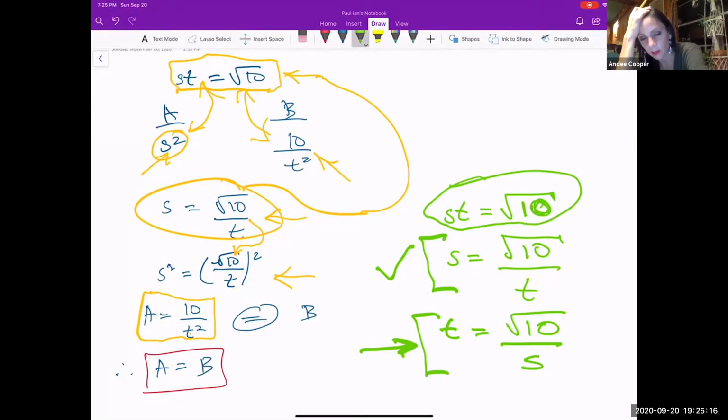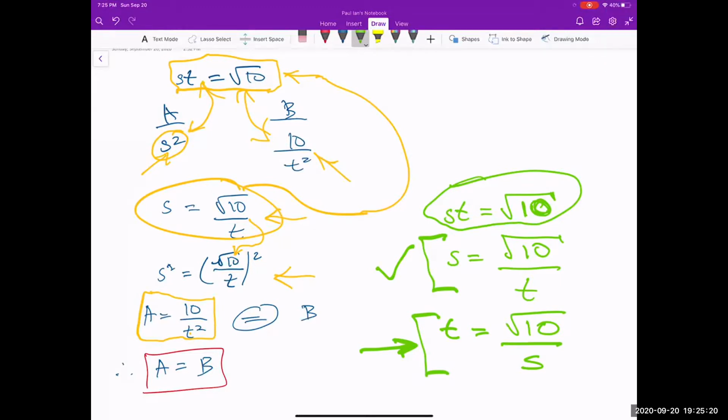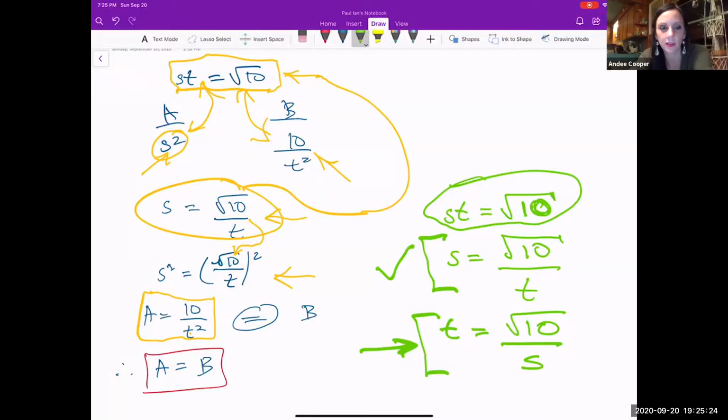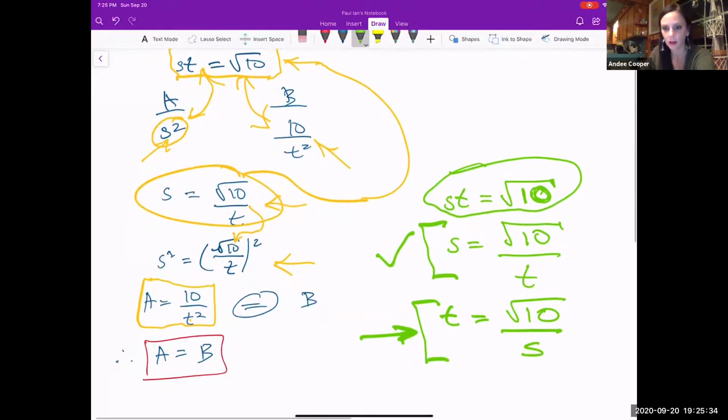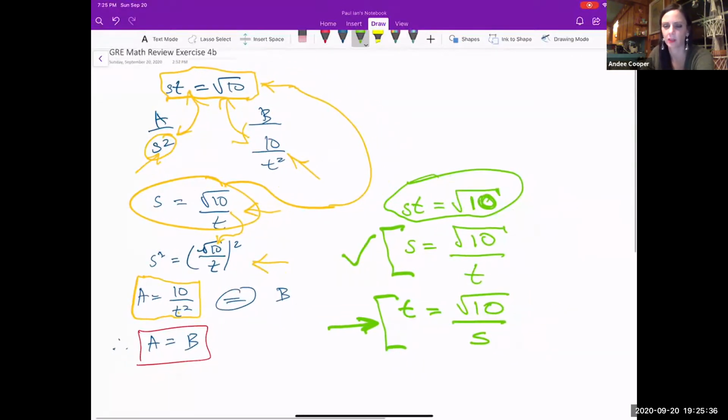Right. So you solved each of them for S and T. Yeah. And then if you plug T into A, it's the square root of 10 over... I don't know.